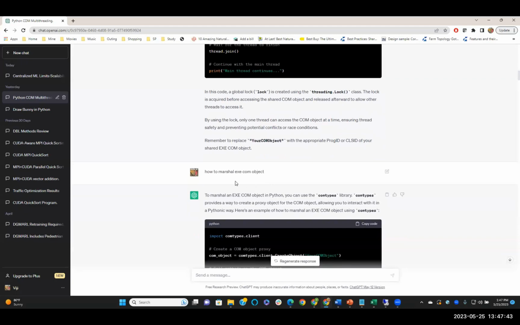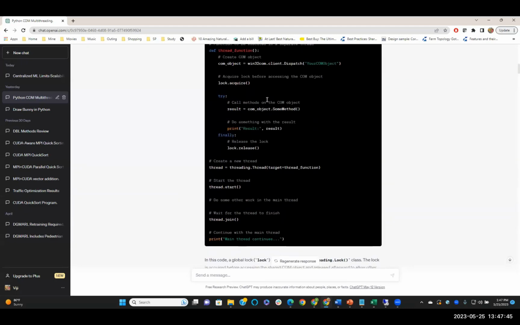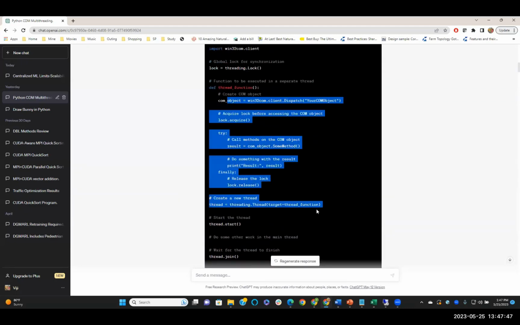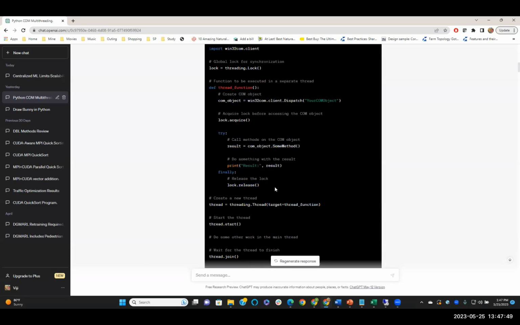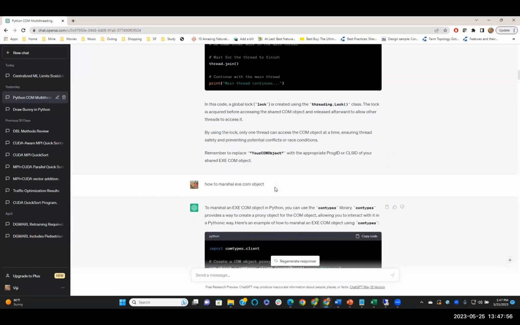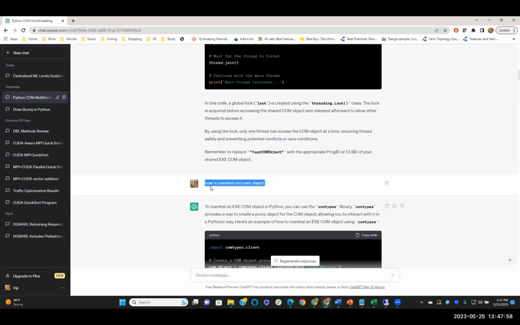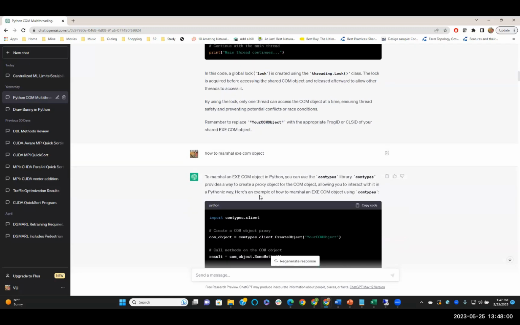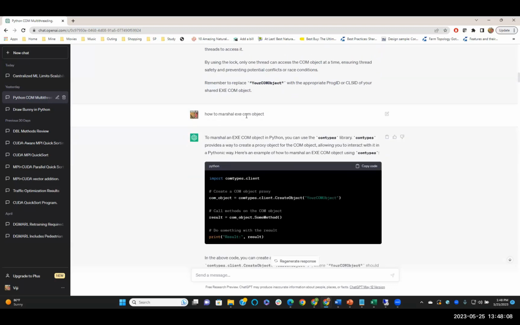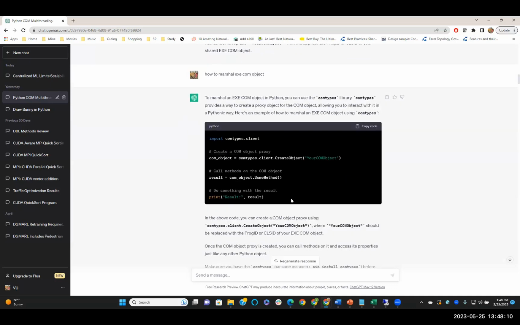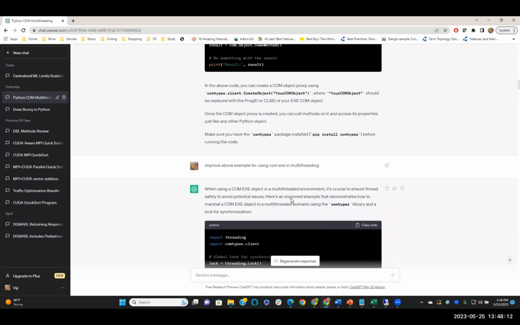But with this method, I know it will not work. It will not share the object properly, especially with the VISSIM model, because I already faced that issue. So then I reframed my questions. There are marshal objects in Python, with CoInitialize, which we can use. So I asked directly how to marshal the exe object, and then it gave me the options for how to do it.